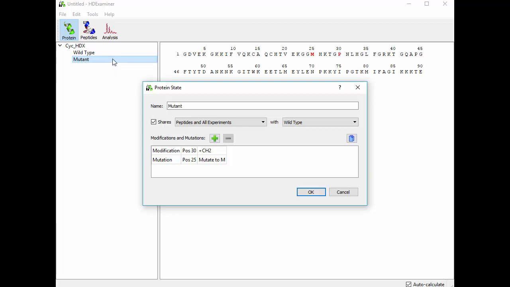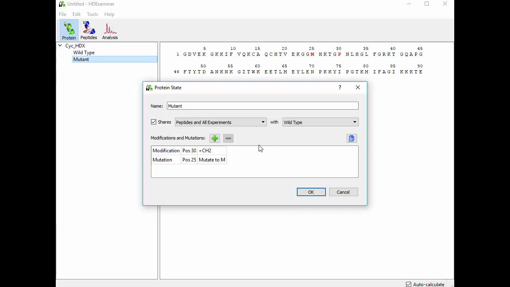Now, the astute viewers out there will notice that sharing experiments in this way may still not quite work, because there's a small chance that the deuteration behavior of another peptide that's further away from your mutation or modification on your protein might actually change.